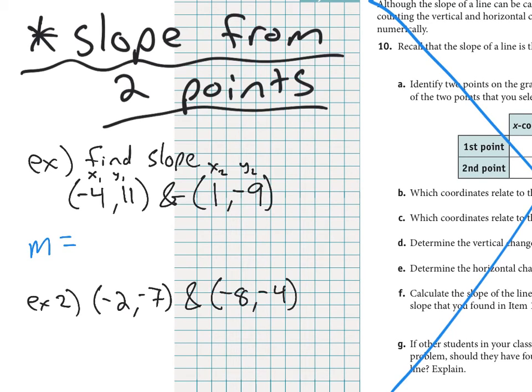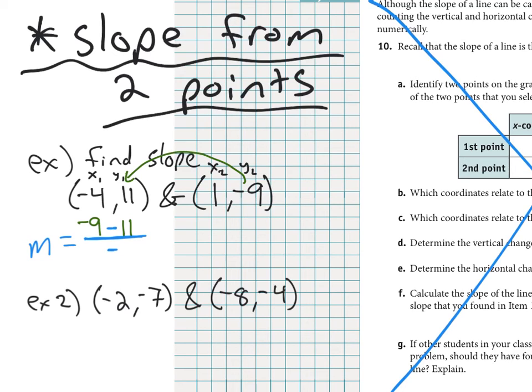on the formula here. So we are always subtracting the y's over the subtracting the x's. So if we're going to do y2 minus y1, we're looking at the second y value, -9, subtracting from the first y value, 11. So -9 minus 11.